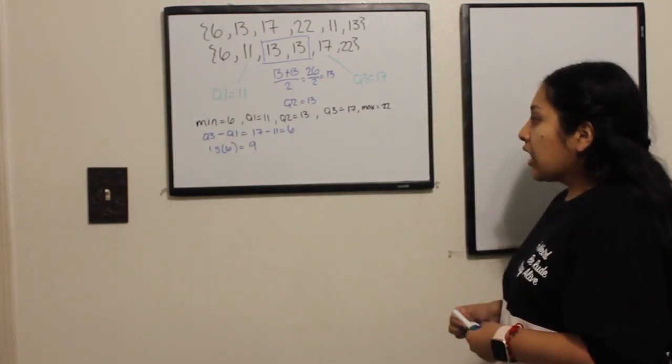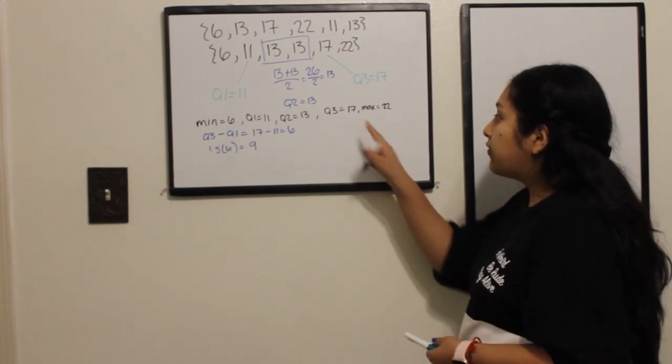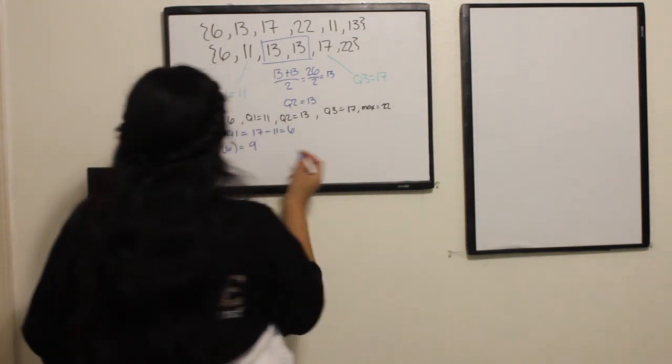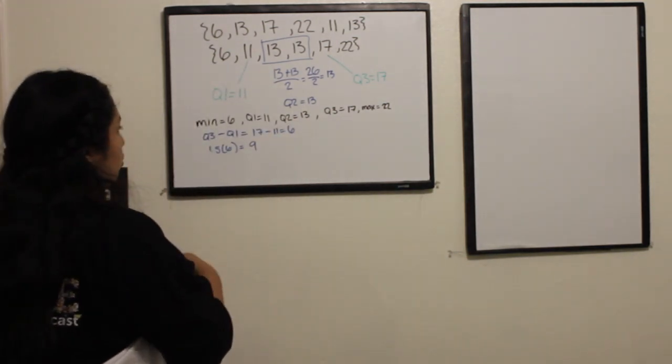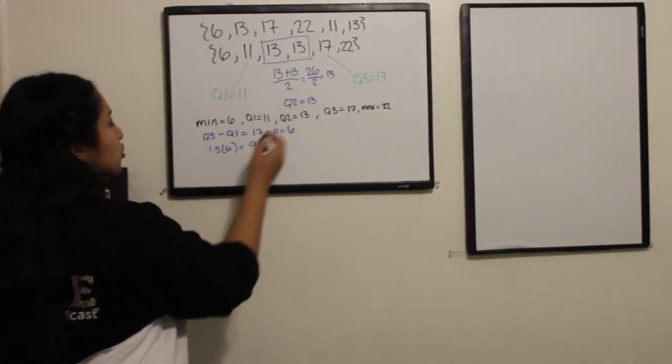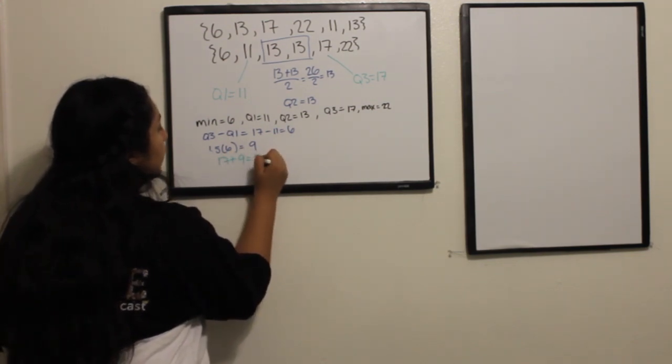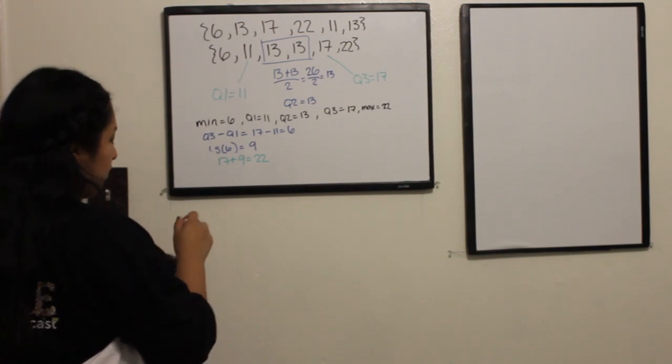So our quartile 3, 17 plus 9, I'm going to write that in a different color. I'm going to use green. So we're going to do 17 plus 9, which we find out is 22.